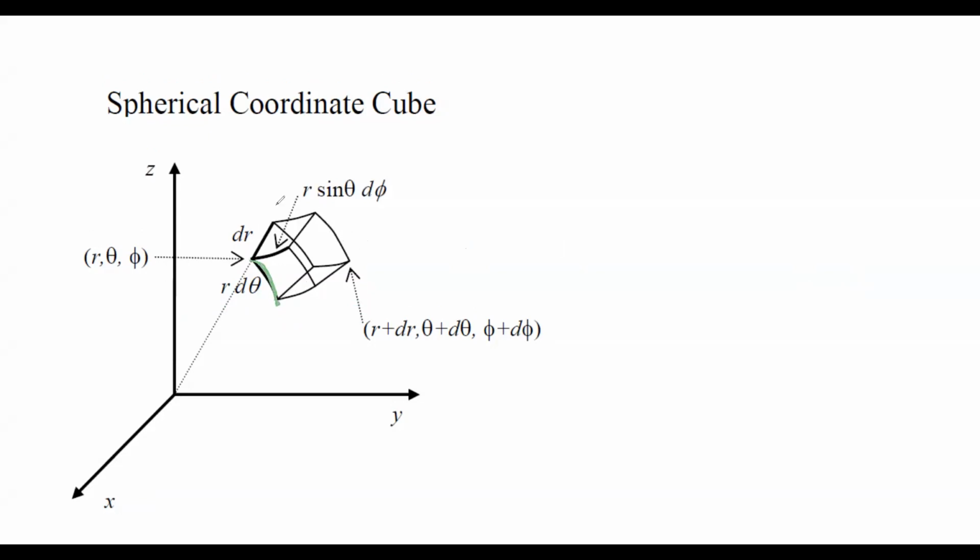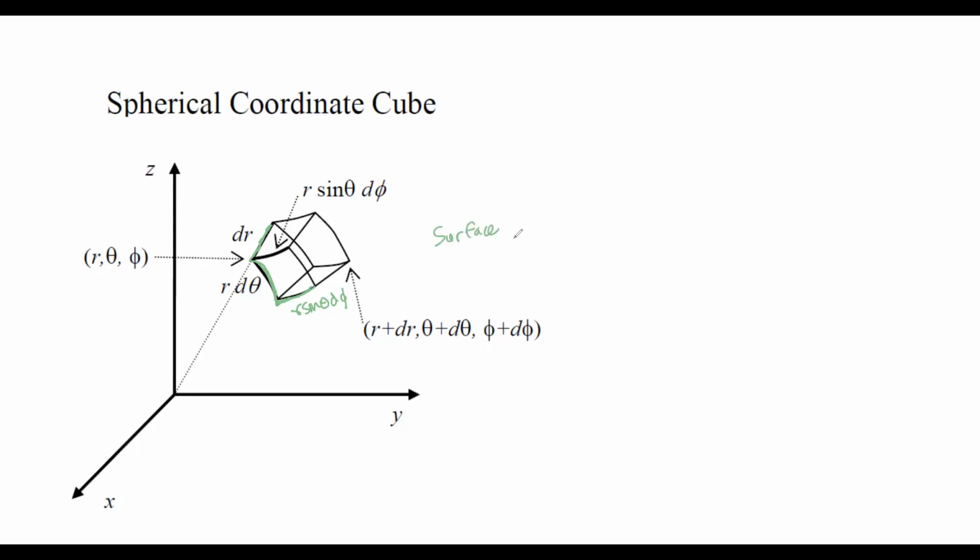Along the r direction, we can go a dr distance. Along the phi direction, we can go an r sine theta d phi distance, right? So by going along those distances along these axes, we can form a cuboid of this shape, and we define the surface areas of this shape as surface elements.